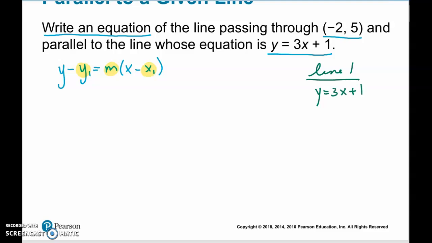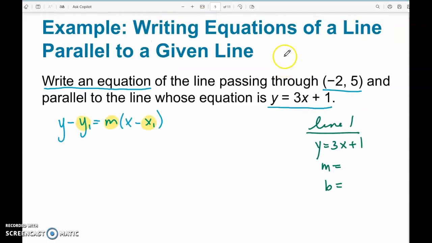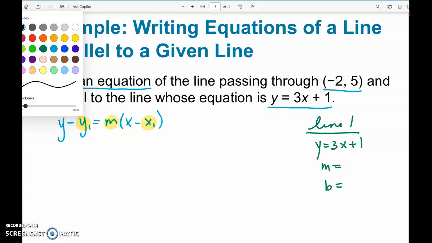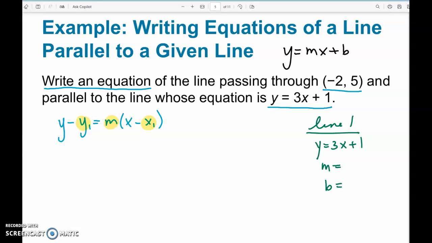So pause the video for a minute and figure out from this equation, what would you say the slope is and what is the y-intercept? Remember that if you are in slope-intercept form, then your equation is solved for y, and the slope is the coefficient on the x, and the y-intercept is the constant by itself.